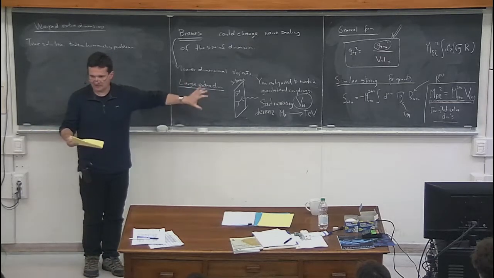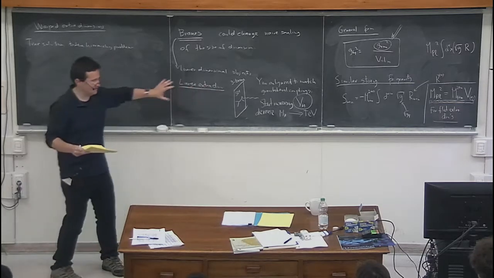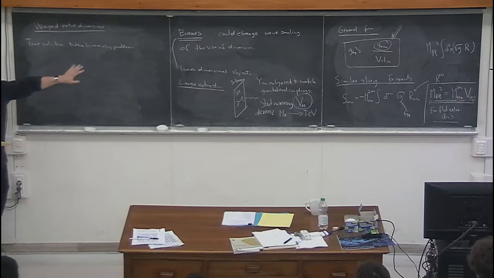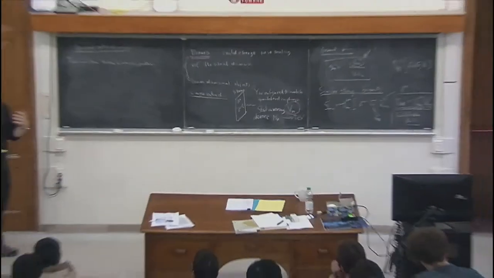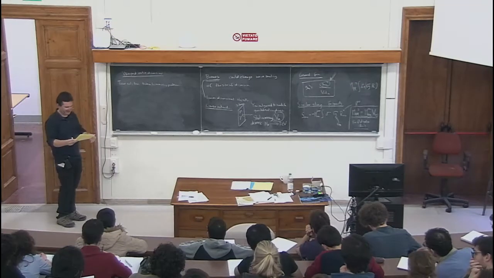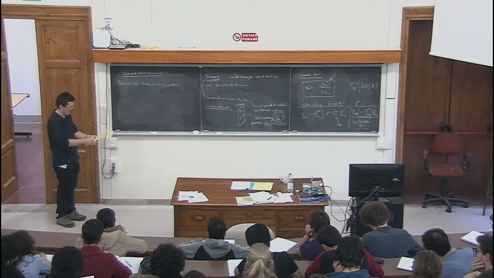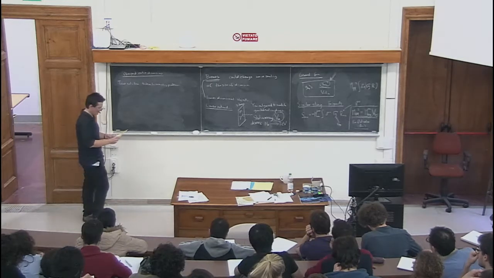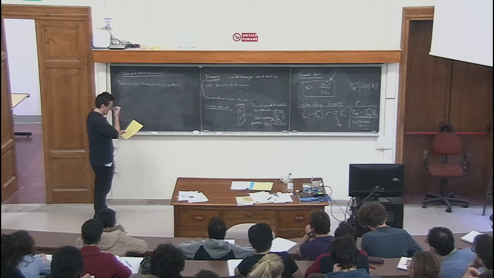Because you have to stabilize the size of the extra dimension at an exponentially large value. Here, this will be really a true solution to the hierarchy problem. It's just not going to be a fundamentally different one, as we will see from the AdS/CFT correspondence. It is sort of related to the type of solutions that we have been discussing before.